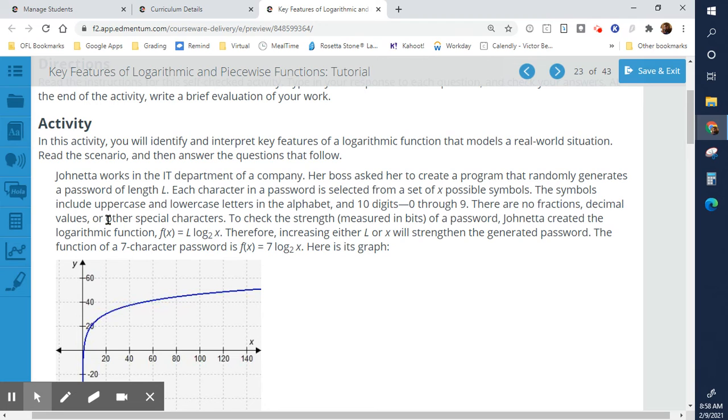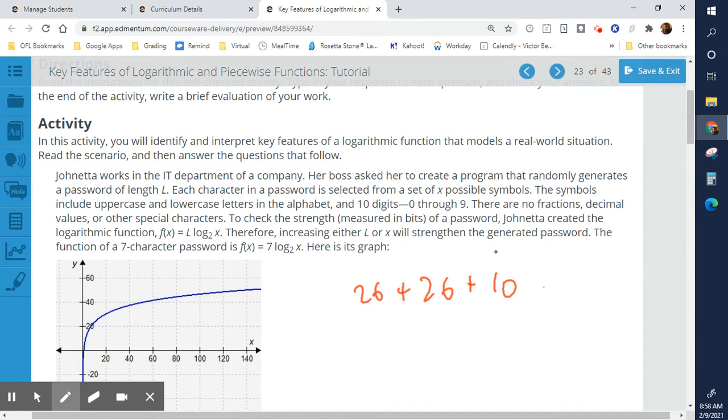The symbols include uppercase and lowercase, so that's at least 52 because we have 26 letters in the alphabet, lowercase and uppercase, and 10 digits, so 0 to 9.